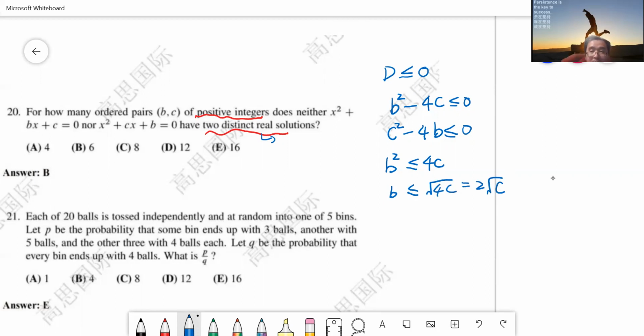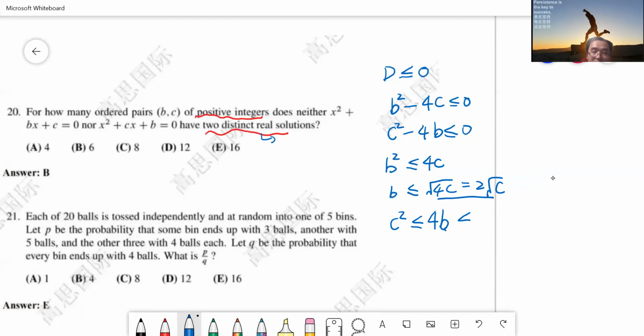Remember both b and c are positive integers, right? That's what we're going to count. Then we look at the second equation. We have c squared smaller than or equal to 4b. Then we continue because b is smaller than this, so that means this is bigger, this is smaller.